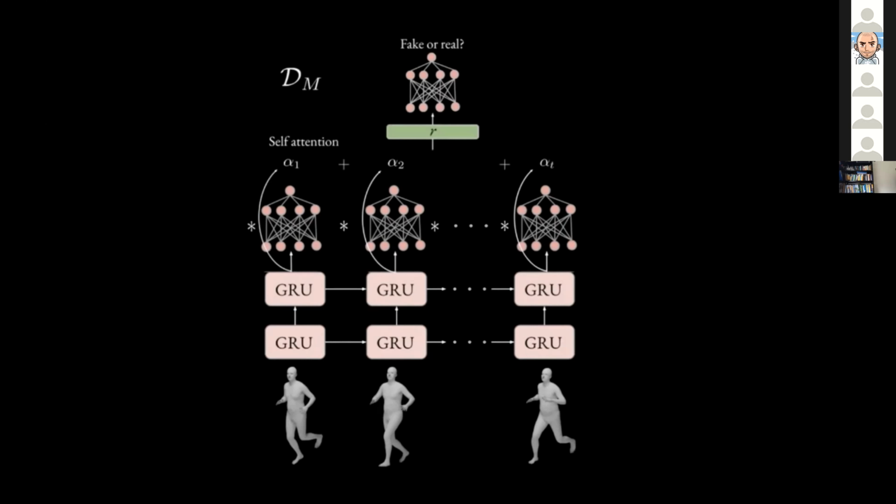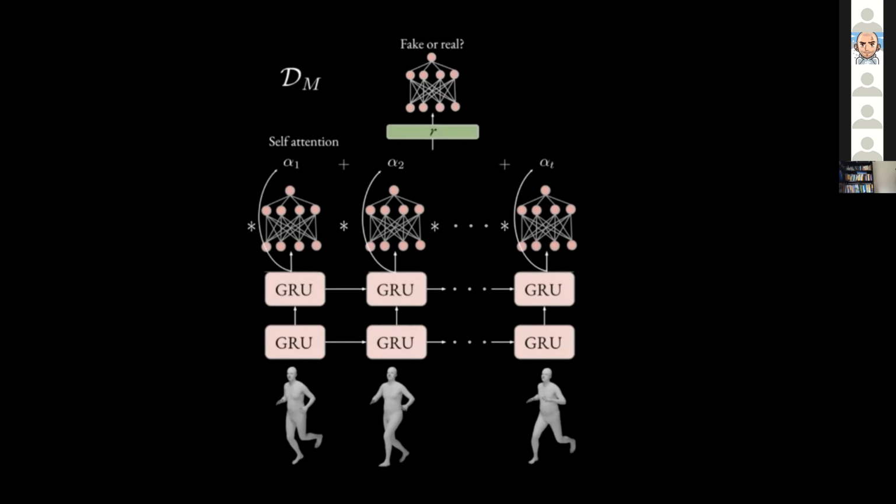The architecture of the motion discriminator is fairly simple. It has a multi-layer GRU model that takes a sequence of poses as input, followed by a self-attention layer, and a linear layer that predicts a binary classification label. Here we use a self-attention mechanism instead of using the final hidden state or some handcrafted combination of intermediate hidden states.